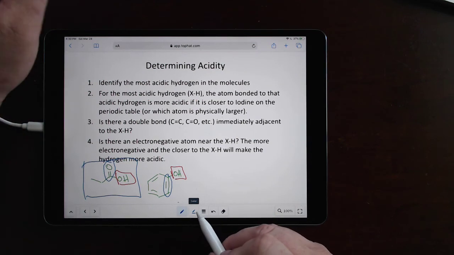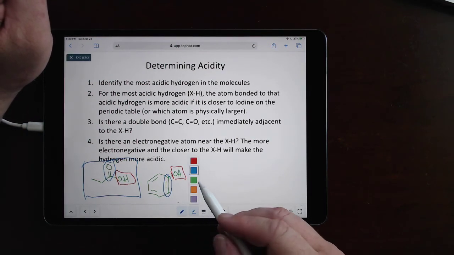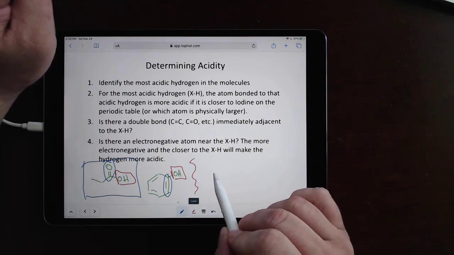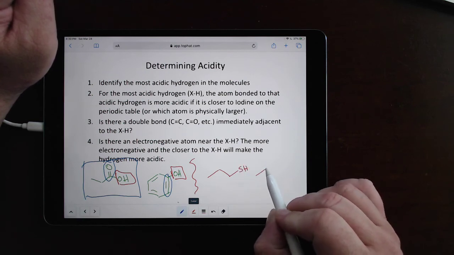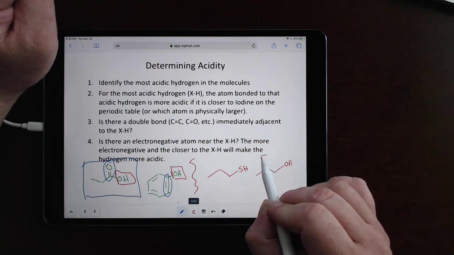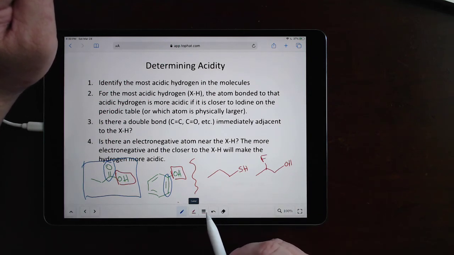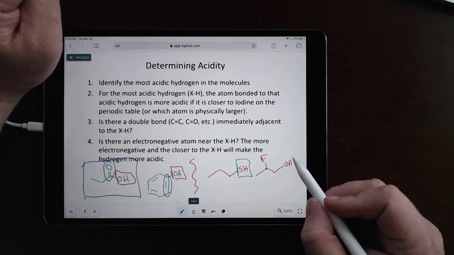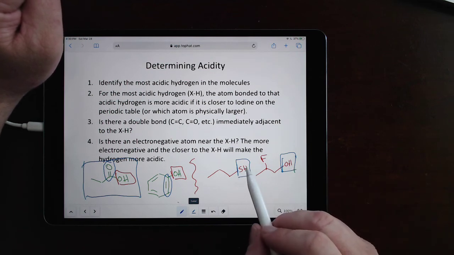And so if we're looking at SH versus OH like that, we're going to look at the most acidic hydrogen, so we're looking at OH versus SH.